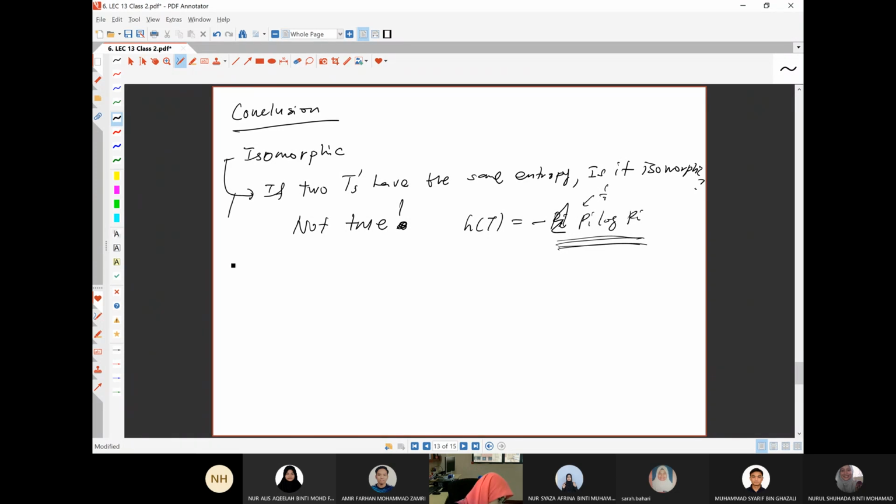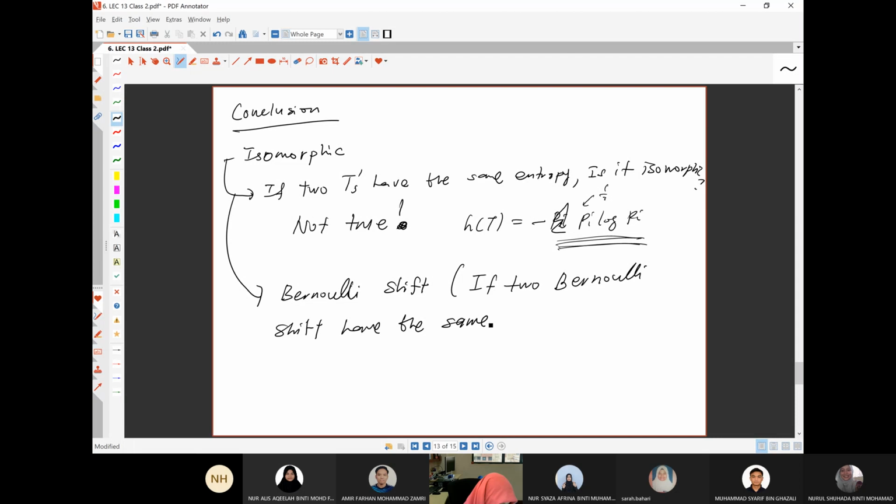But for the case of Bernoulli shifts, if two Bernoulli shifts have the same entropy, then they are isomorphic.